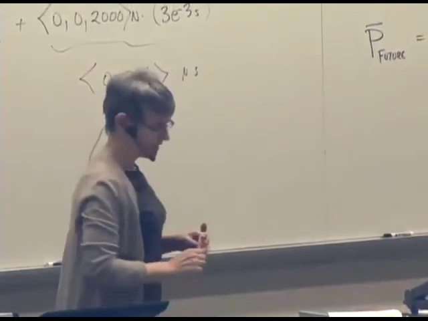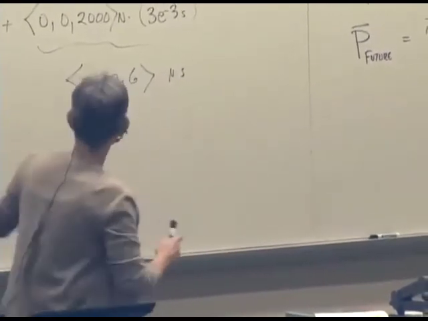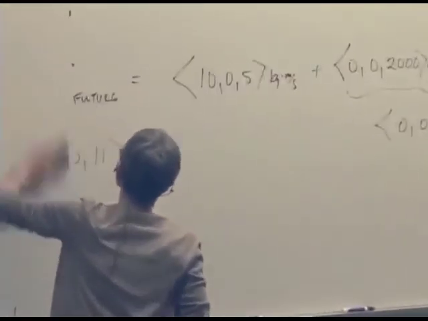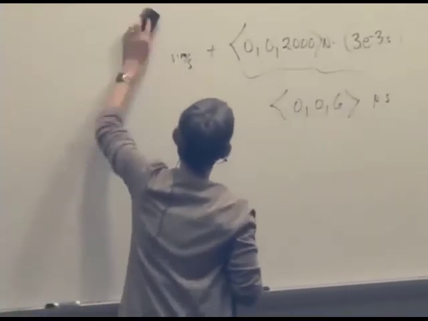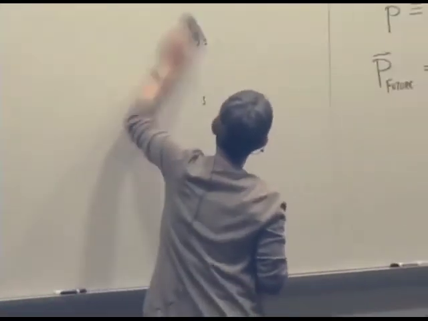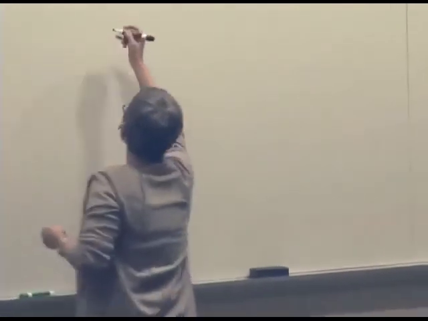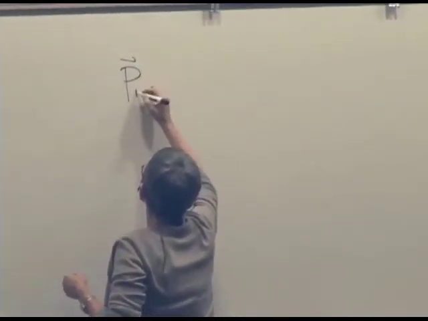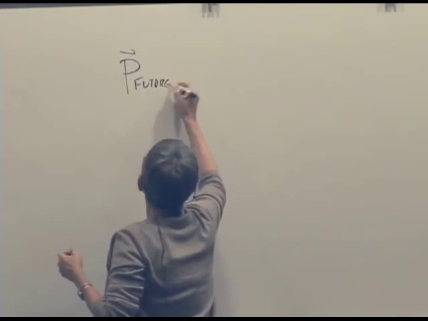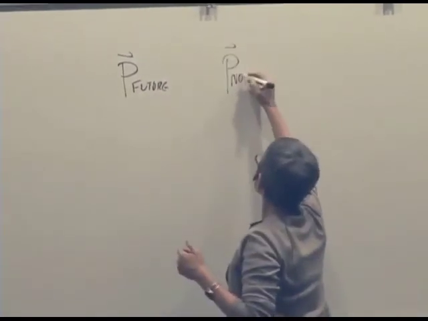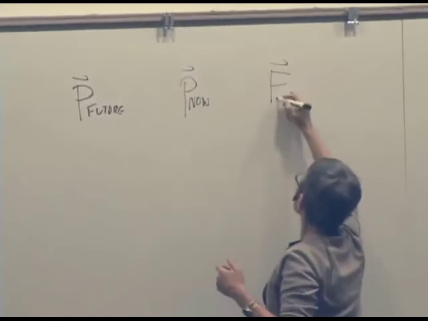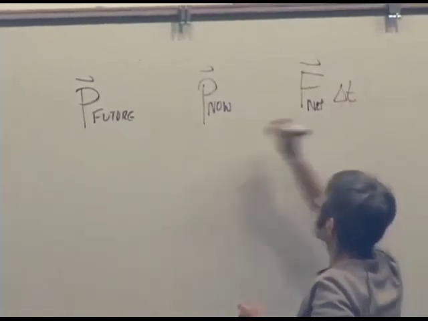It's also the case that we can use this equation even without numbers to reason logically about what might happen or what things are possible. So, for example, let's make a table: here's the future momentum, here's the momentum now, and here's the net impulse, F net delta t.